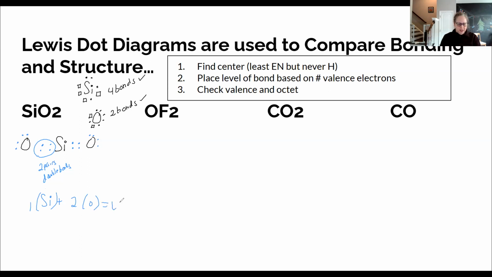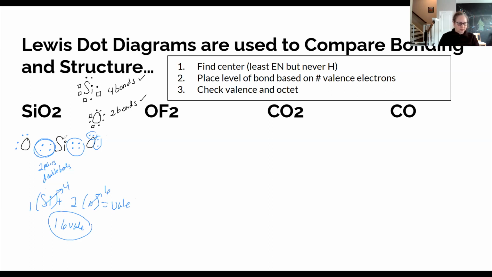So if we want to find the total valence electrons, silicon has 4 valence electrons, oxygen has 6. So we should have 16 valence electrons, 16 electrons in the outer layer. Okay. 4, 8, 12, 14, can I just not add?